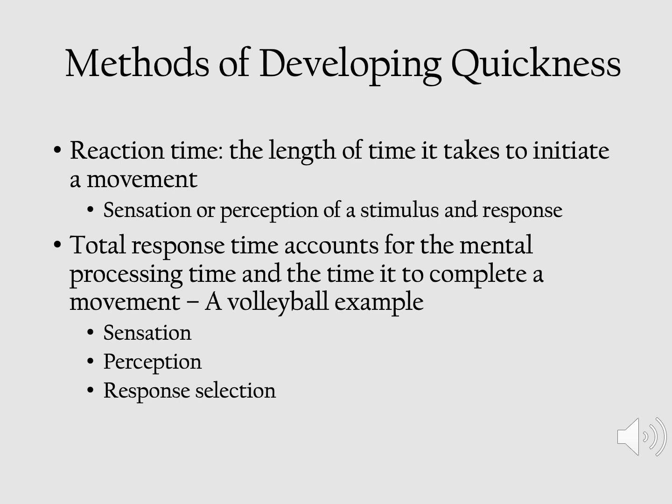For the sake of simplicity, the serve receive example describes only the decision of whether or not to receive the serve. It does not consider off-ball movements that are required of the other 5 players on the court.